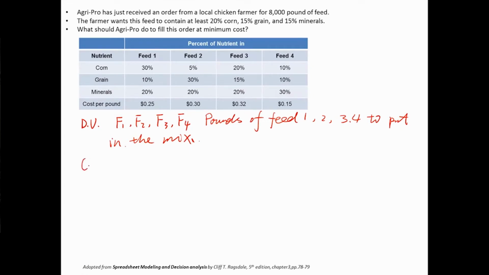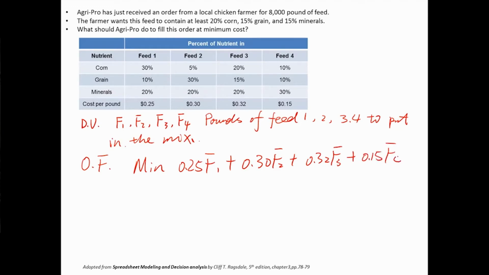Then our objective function is to minimize the total cost, which is pretty easy for you now. It's the unit cost multiplied by the pounds, and you sum them together. So it would be 0.25 F1 plus 0.30 F2 plus 0.32 F3 plus F4. That's our objective function, minimize the total cost.